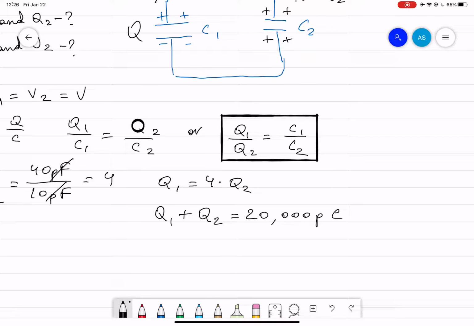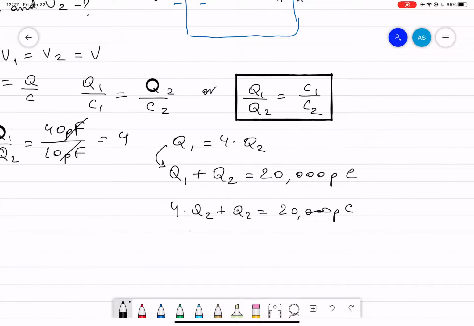If that's the case, Q1 is equal to 4 times Q2, so 4 times Q2 plus Q2 is equal to 20,000 picocoulomb. So Q2 is equal to 20,000 divided by 5, which gives you 4,000 picocoulomb. So Q2 is 4,000 picocoulombs.